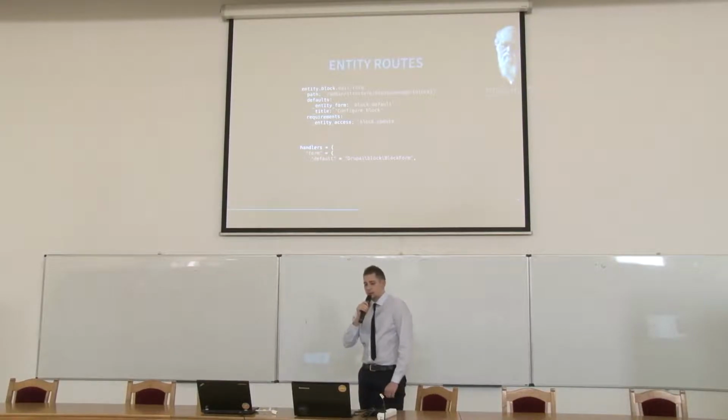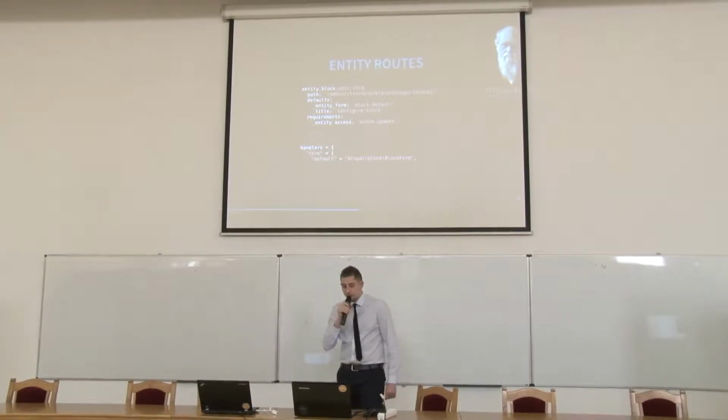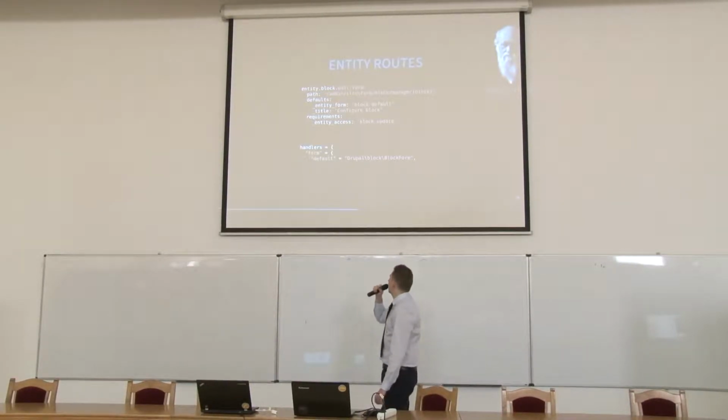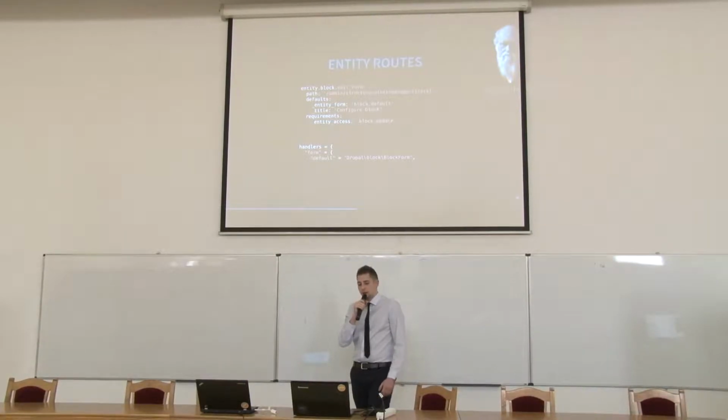Then we have the path. Here the block between the brackets is the machine name of our entity, and it should be used like that because when the entity is passed to the form, it will look it up by that ID.